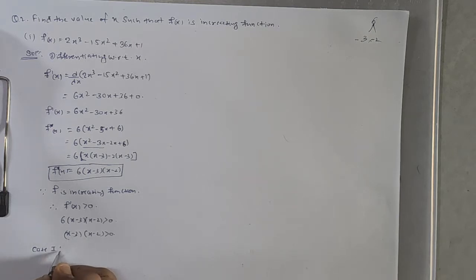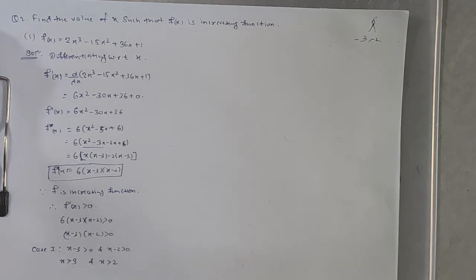So in the first case we are taking x minus 3 positive as well as x minus 2 positive. So when x minus 3 is greater than 0, x will be greater than 3, and x is greater than 2.